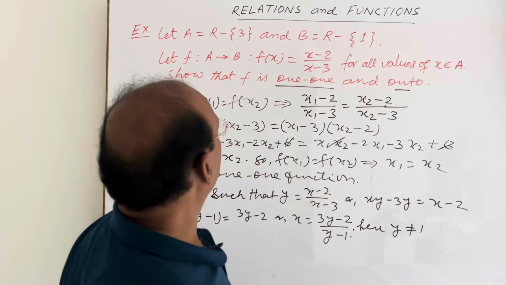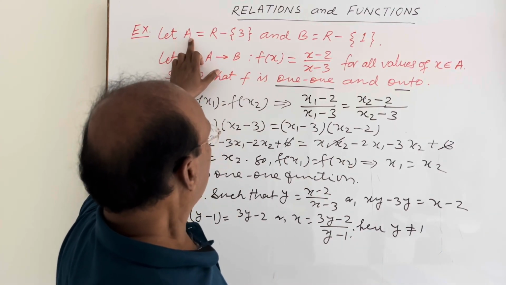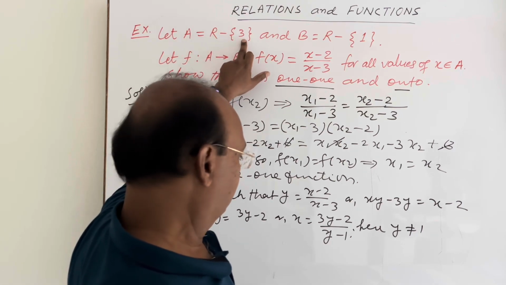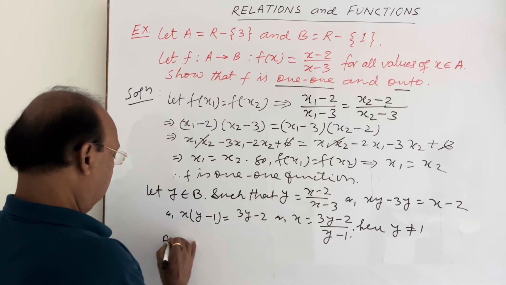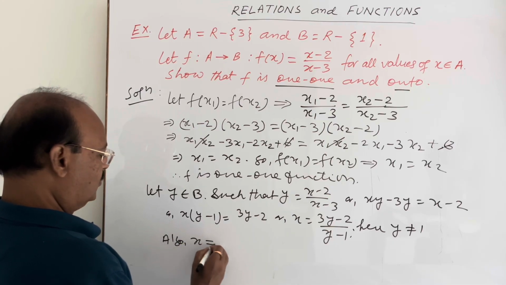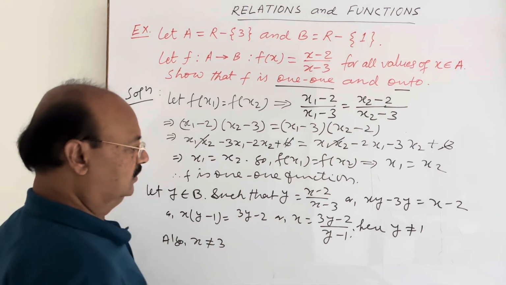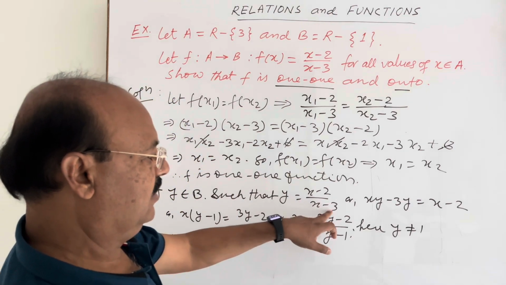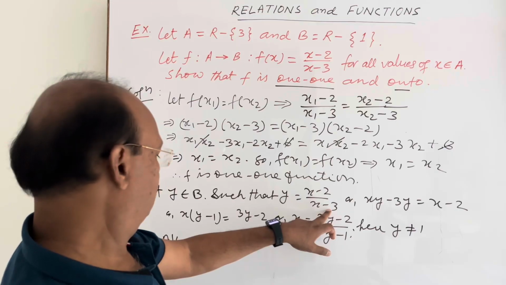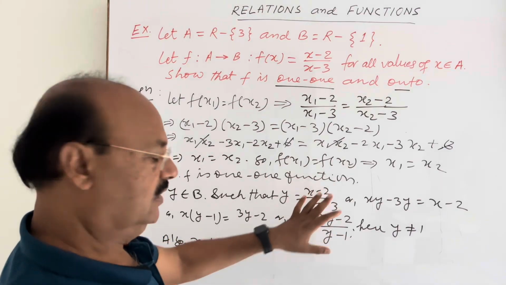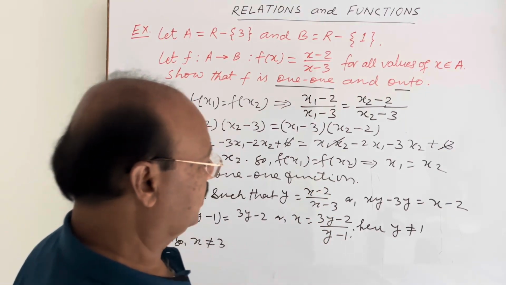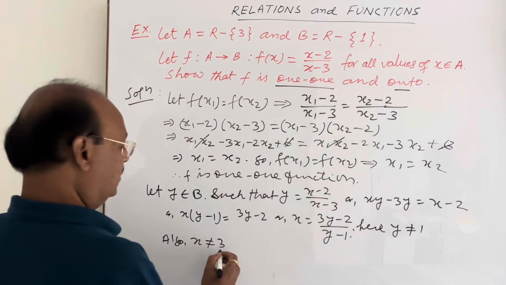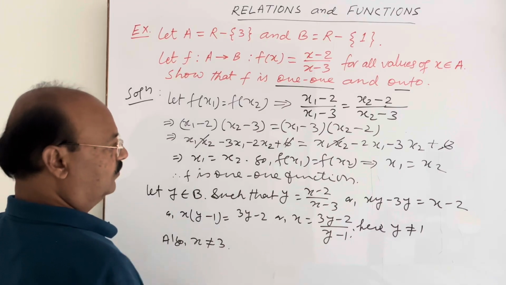And secondly, set A, the domain, is equal to the set of real numbers minus element 3. So we have to write here also x should not be equal to 3, because if x is equal to 3, then 3 minus 3 will be something by 0, which will not be defined. Clear? So it has been justified that y should not be 1 and x should not be 3.